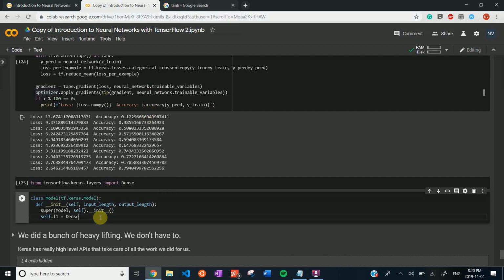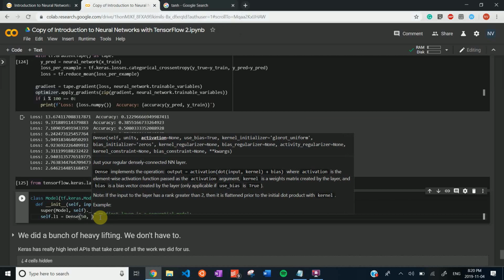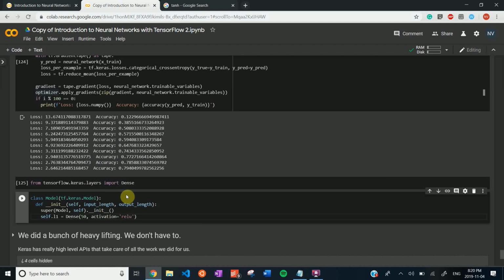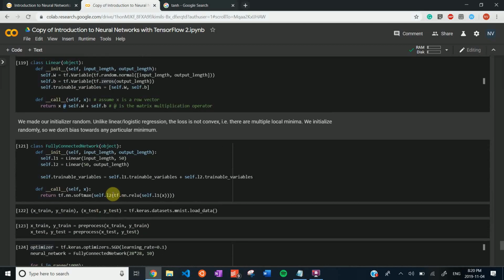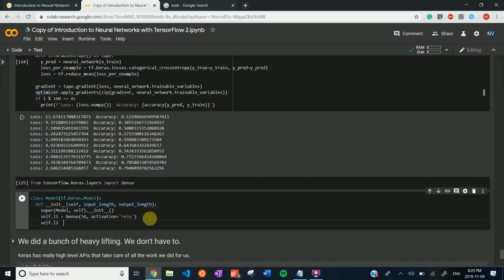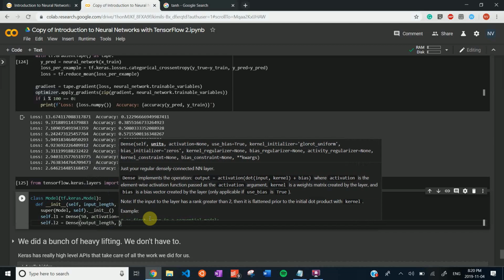Anyway, so the nice thing about this Dense class is we don't actually have to define an input shape. TensorFlow will take care of this for us once we call it with input. And also another nice thing is that we can integrate this ReLU activation function right inside of this layer. And so this unit of computation basically represents this linear, then this ReLU, basically exactly what we did here. We can also create a layer 2, Dense, and then we have our output length.